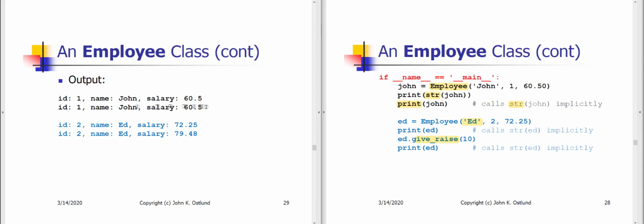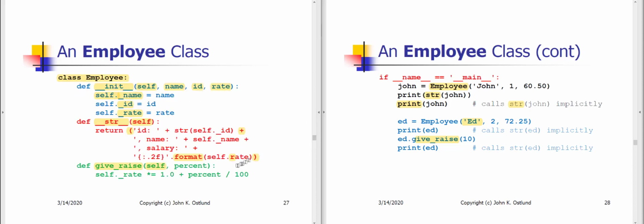In each of those print function calls, we get the same output. ID colon space 1, comma space name colon space John, comma space salary colon space, and then 60.5. Now, this, I think, is also a typo. This should be 60.50 because we have explicitly said that we want 2 digits after the decimal point. So I think I have a typo on my slide there.